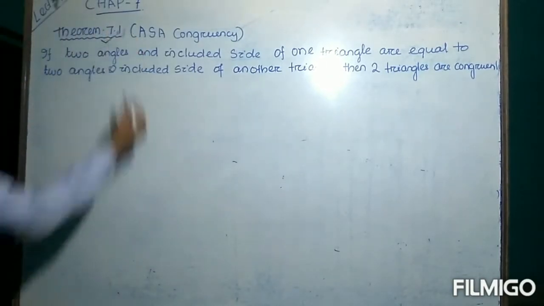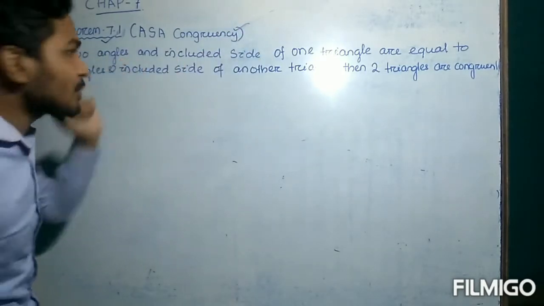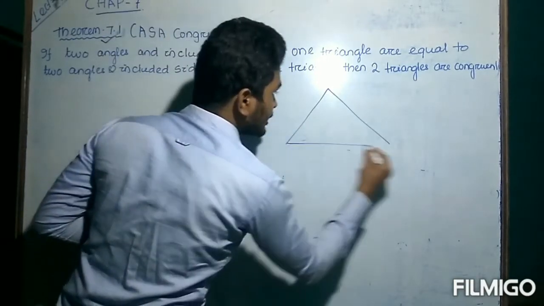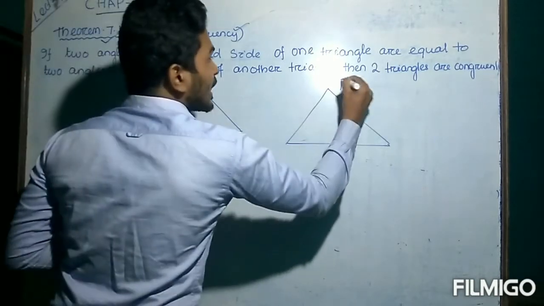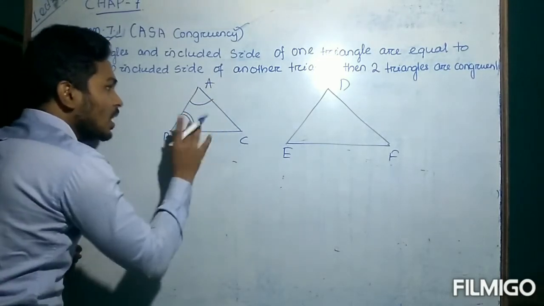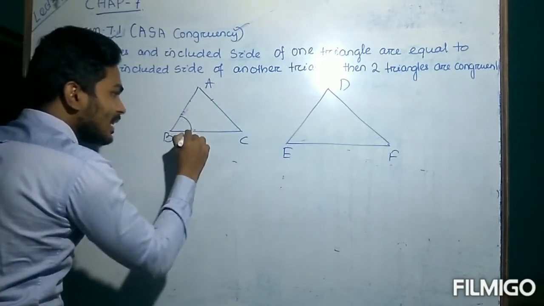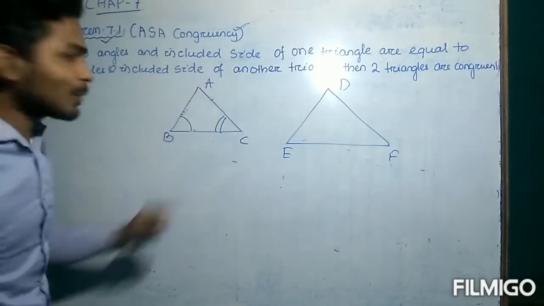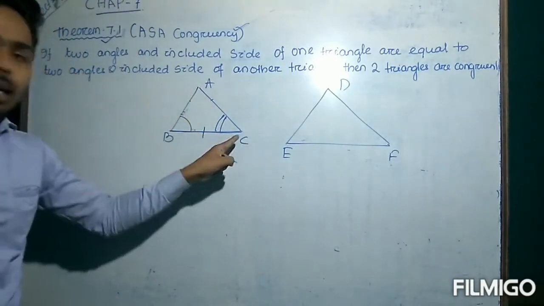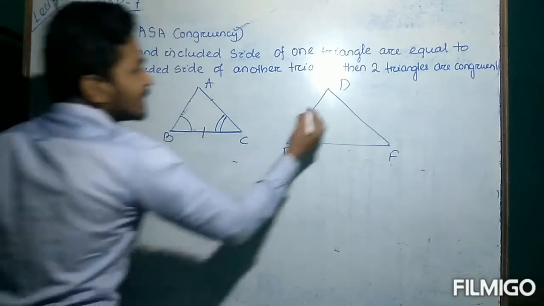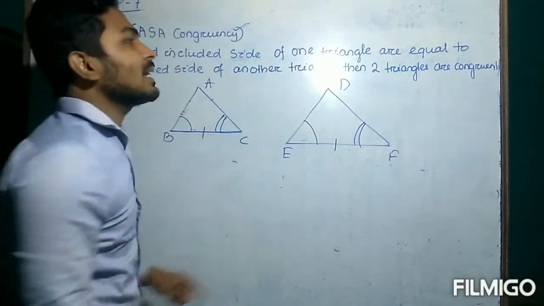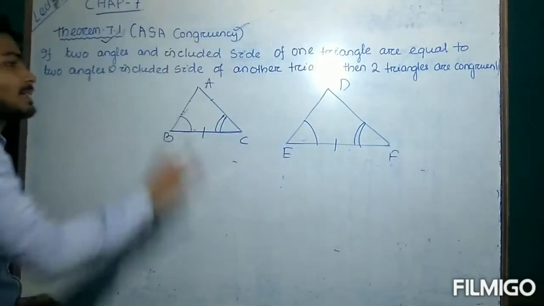According to theorem 7.1, or ASA congruency, if two angles and the included side of one triangle, suppose there are two triangles, triangle ABC and triangle DEF, are equal to two angles and the included side BC of another triangle, then the two triangles are congruent through ASA congruency.